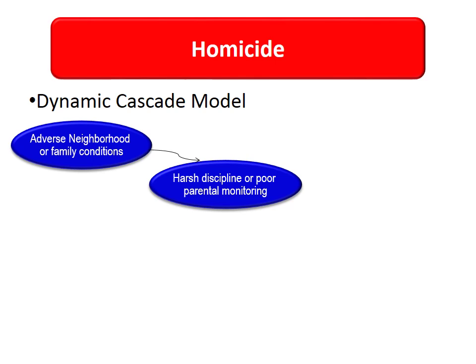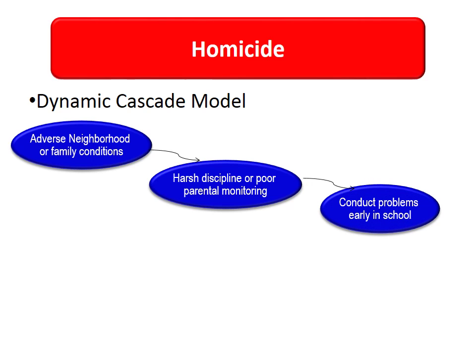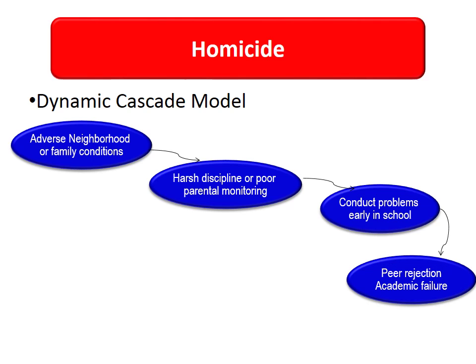These disciplinary methods often make it difficult for the child to acquire the social and cognitive skills required for school success. Being unable to perform in school, coupled with the lack of social skills, could result in conduct problems soon after entering school, which could result in both peer rejection due to a lack of social skills and academic failure due to a combination of conduct problems or even literacy problems.